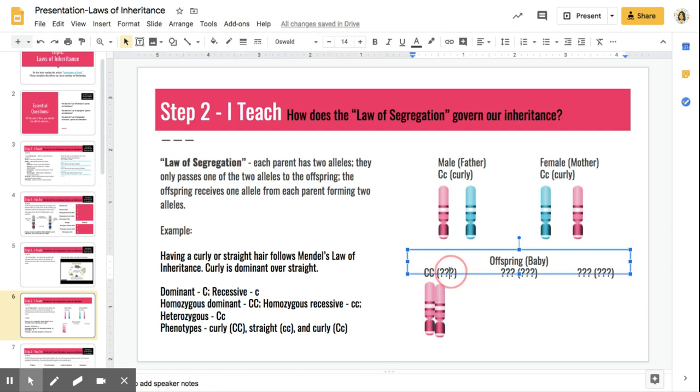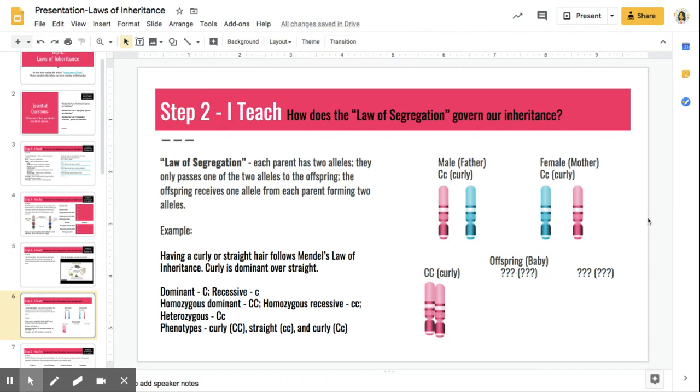So since we have homozygous dominant, the phenotype would be curly. The father has curly hair, the mother has curly hair, then the baby will have curly hair.